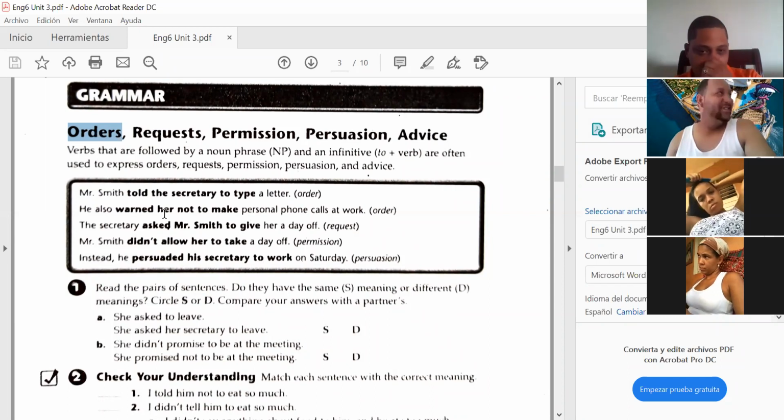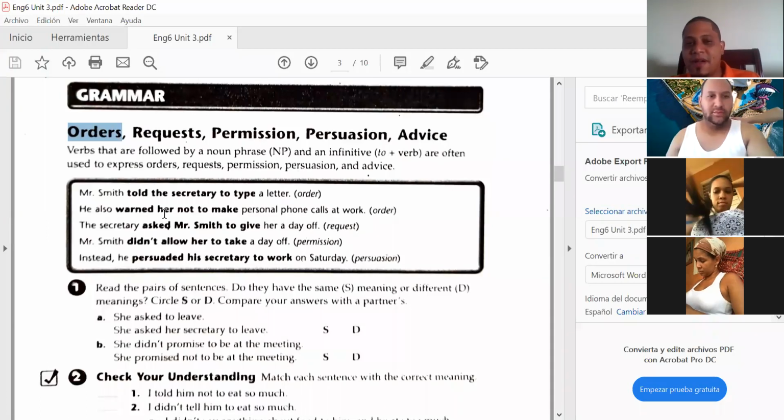Think about it for 1 minute. When you're giving orders, what grammar do you use? What sentence structure do you use? I'll give you 30 seconds.